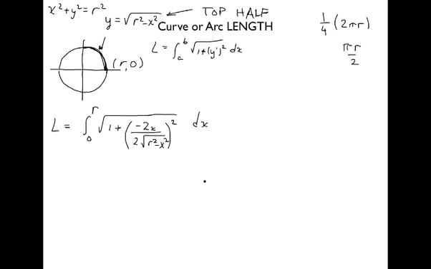Did you catch it? Chain rule, right? We need the derivative of our function, which is the circle, so we do the chain rule: 1/2 times that thing to the negative 1/2, and by the chain rule times negative 2x.